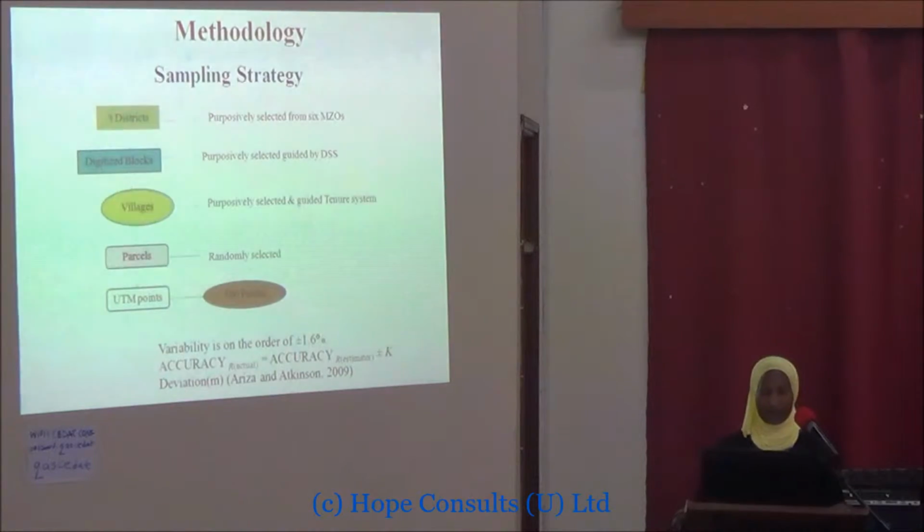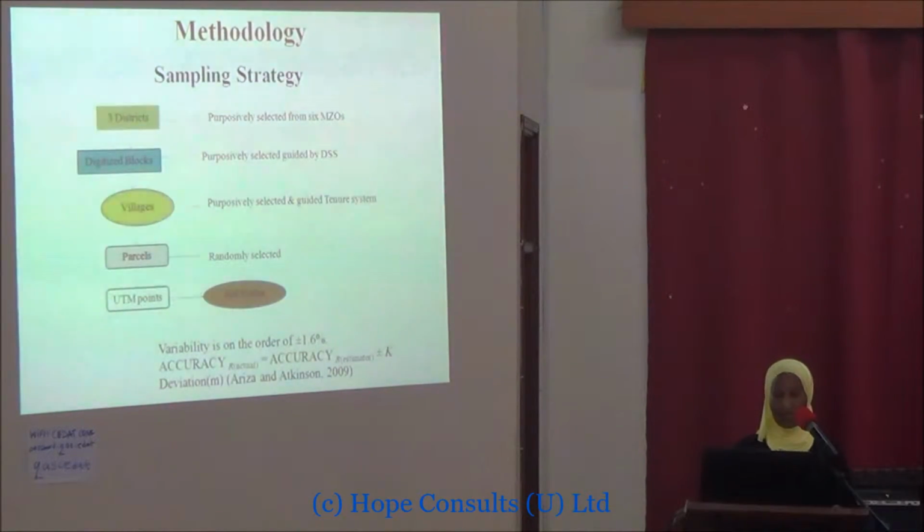On my methodology, this is the sampling strategy I carried out. There were 6 districts which were computerized as a pilot project. Out of the 6, I chose 3. From there, I chose only the digitized blocks, because not all blocks are digitized in these 3 districts. Then from there, I went to villages.